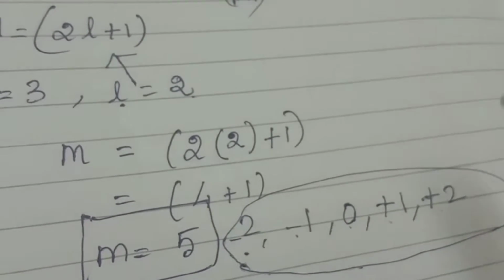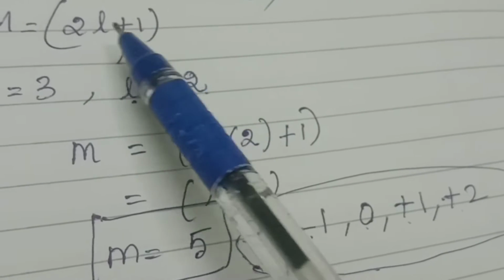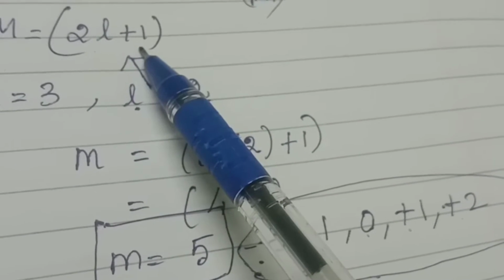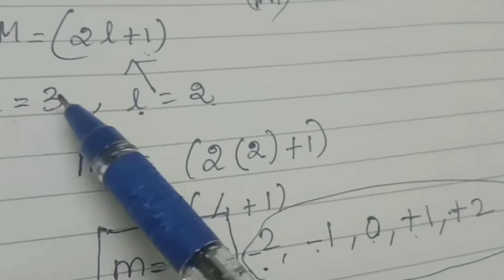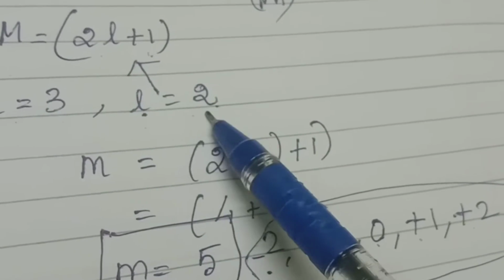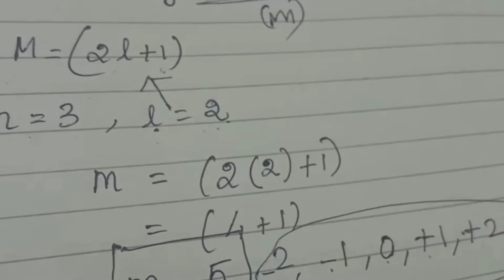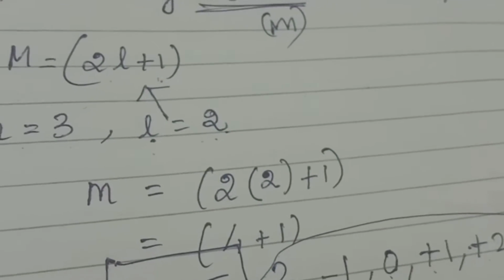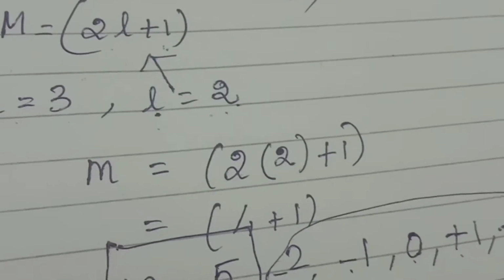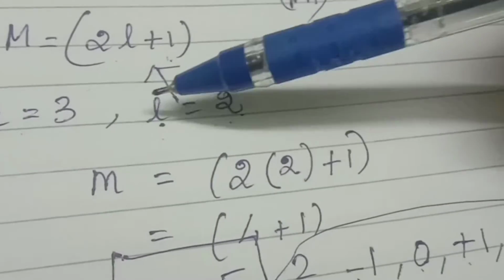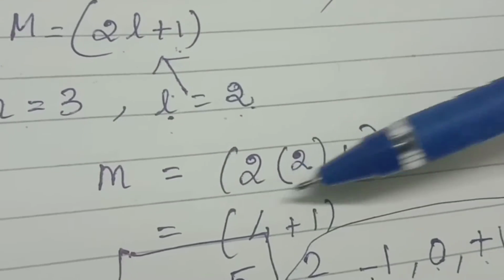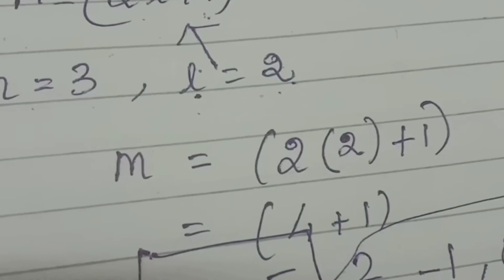So how do we calculate this? M is equal to 2L plus 1, the formula is this one. N is equal to 3, L is equal to 2, they are already given. According to this formula, instead of L we write 2. So 2 into 2, 4 plus 1.